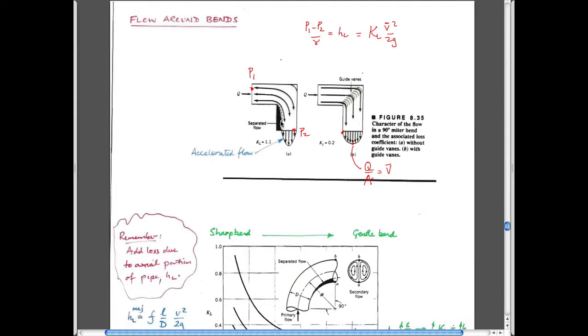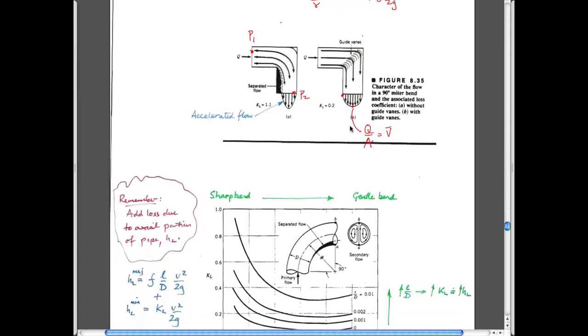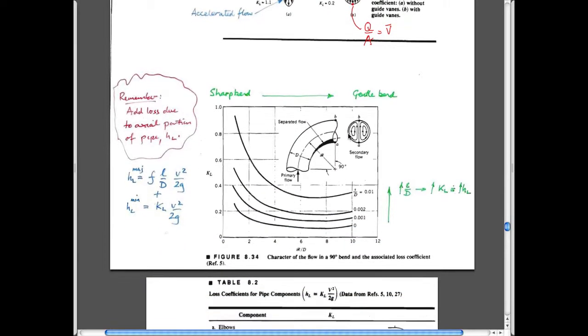And in this case, to stop slippage occurring here, you have some vanes or flukes in here to be able to guide the flow around that don't go across the full width of the pipe, but just are in the wall to help guide it around. Part of the reason is that you have other kinds of bizarre circulations occurring, convection cells occurring as you go around the bend as well.